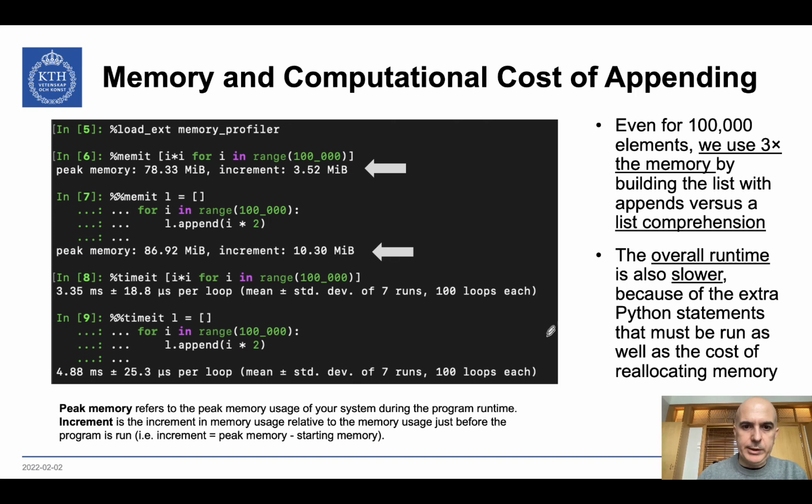The first experiment that we're going to do is still using IPython. I'm going to load the memory profiler in IPython using the magic %load_ext memory_profiler, and then check the memory consumption for creating a list. Here we are creating a list using the so-called list comprehension technique.